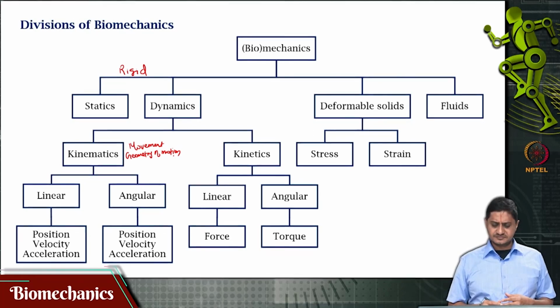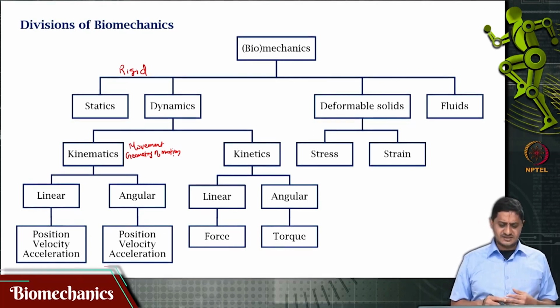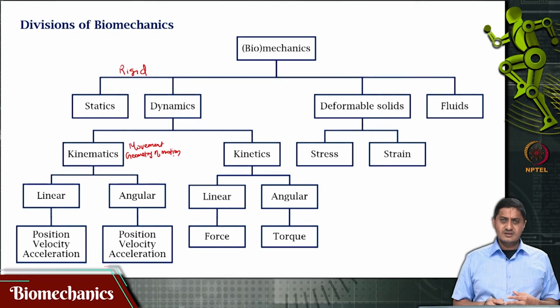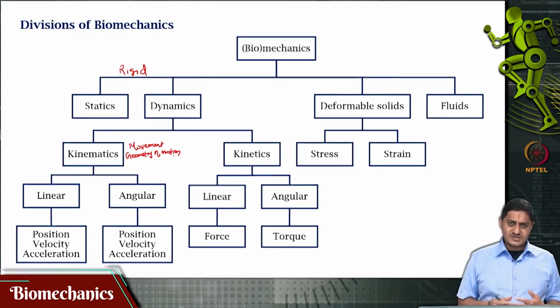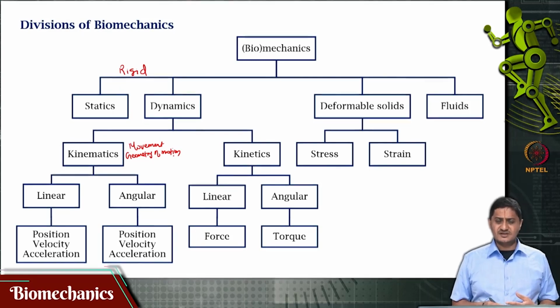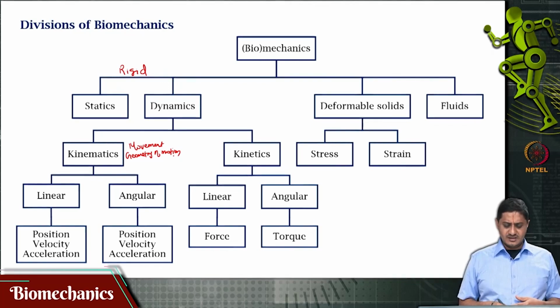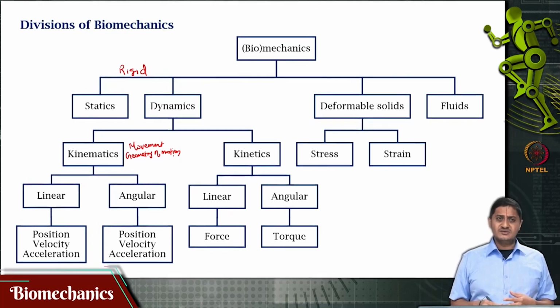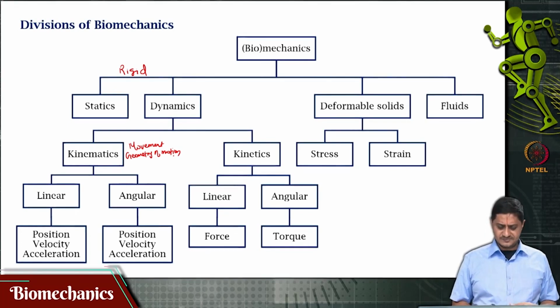And kinematics and kinetics can be classified into two types: linear and angular. Okay. And within kinematics, you have positions, velocities and accelerations, or rather displacements, velocities and accelerations. Likewise, in angular kinematics, you have angular displacement, angular velocity and angular accelerations.